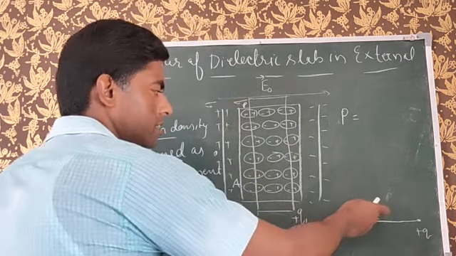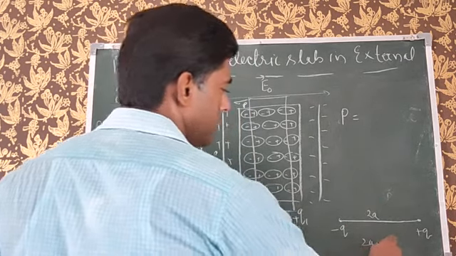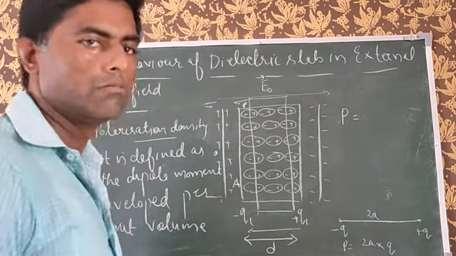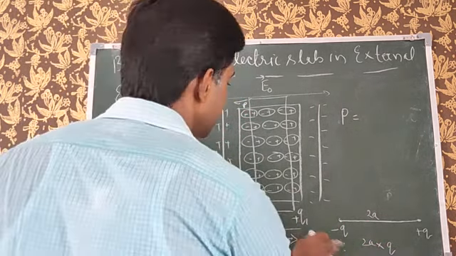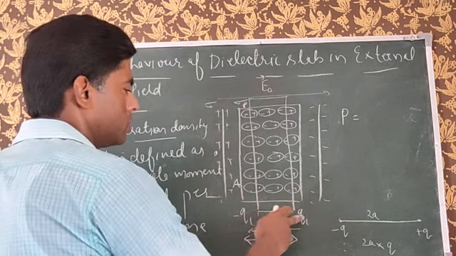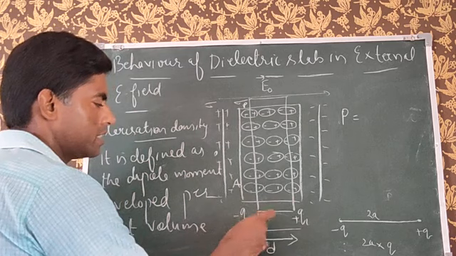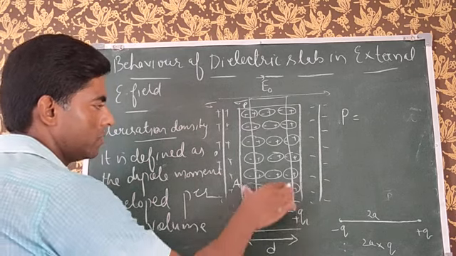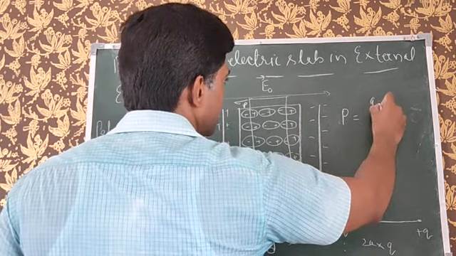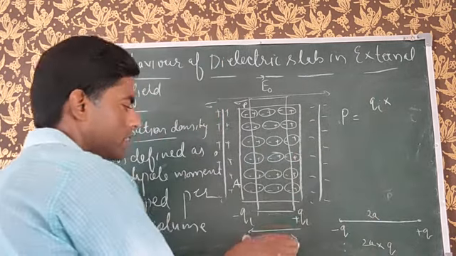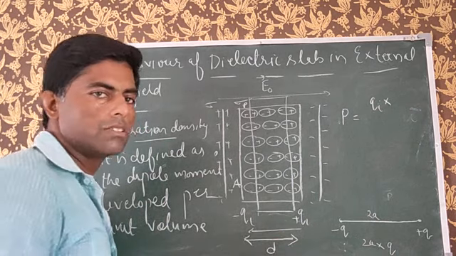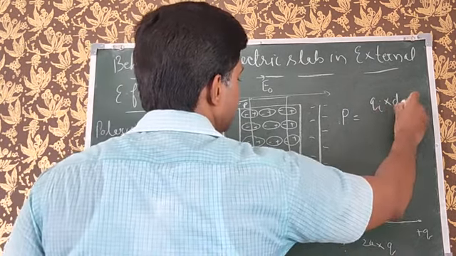When the length of the dipole is multiplied by either charge, we get the dipole moment. So in this case, minus q and plus q are two equal and opposite charges separated by distance d, so they form a dipole, and their dipole moment is either charge into separation. The separation between these two charges is equal to the thickness of the slab, d.